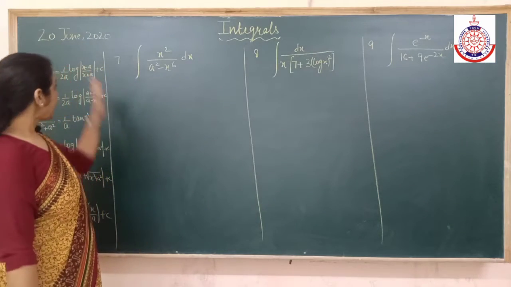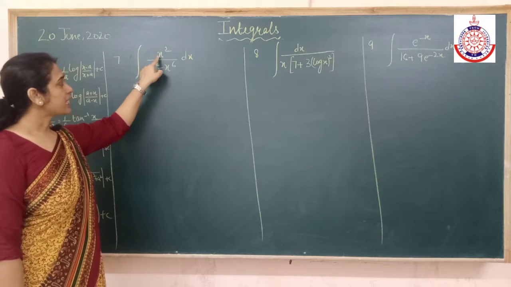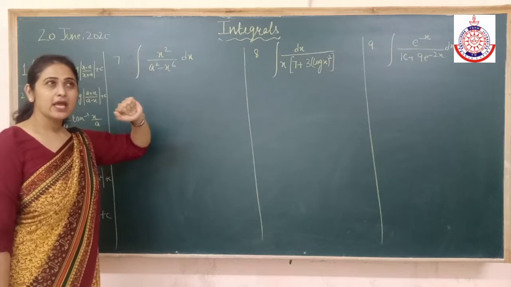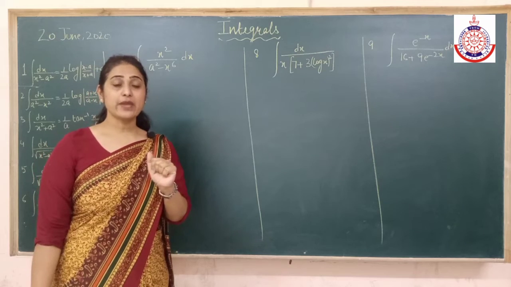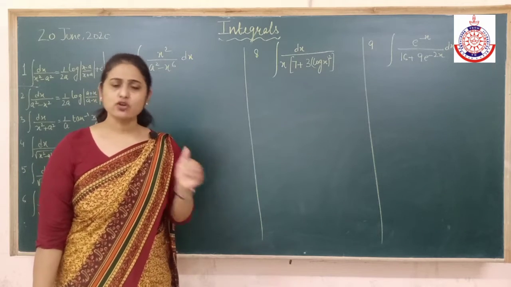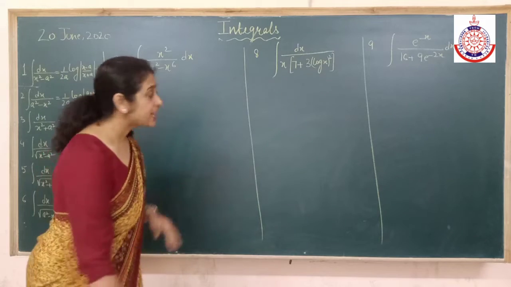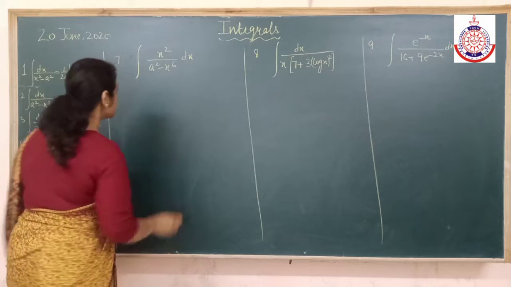Now, any of the forms, there is nothing in the numerator. So that means I need to remove this x square. Now, x square is the differentiation of what? X square comes when I have x cube. Is it clear? Constant does not matter. Constant will go out of the integral. So that means if I put x cube, I get x square as a differentiation.